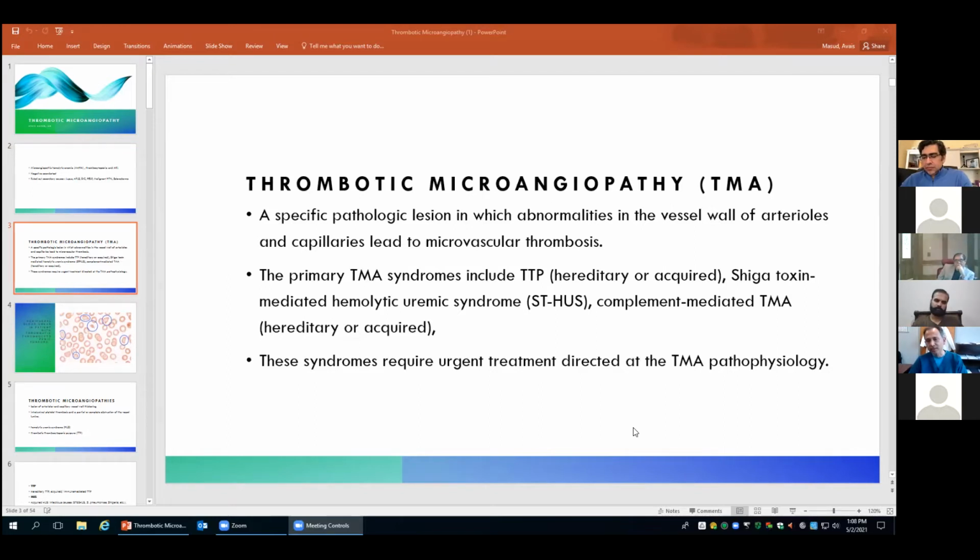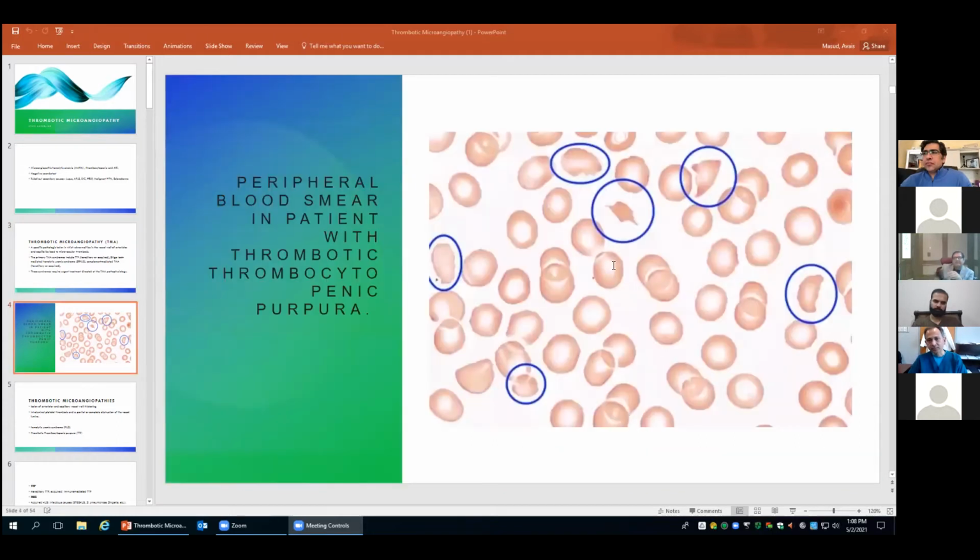We will talk about why this narrowing and thrombosis happen. Again, there are three primary conditions we're going to talk about under TMA syndrome: Shiga toxin related hemolytic uremic syndrome, complement mediated TMA, or TTP.